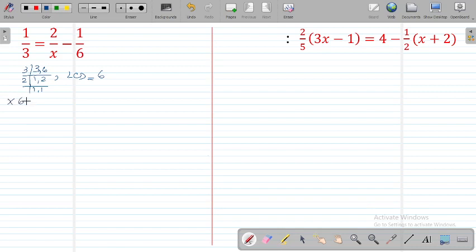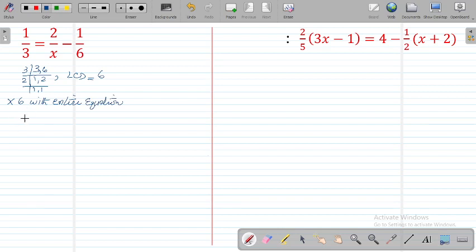6 with the entire equation, just to be more precise, with the entire equation. So if you multiply 6 with the entire equation, what are we going to get?